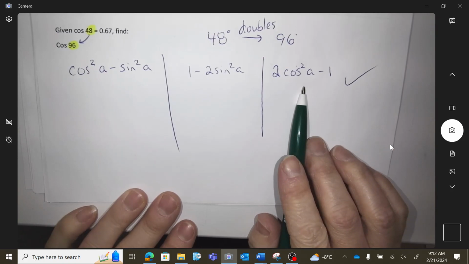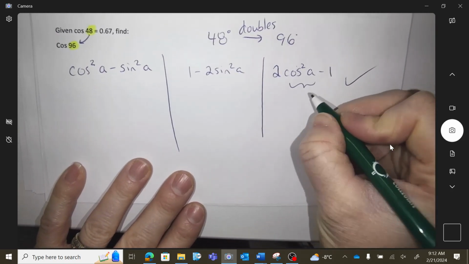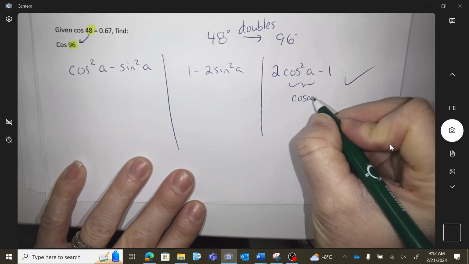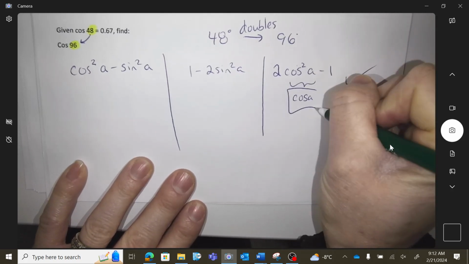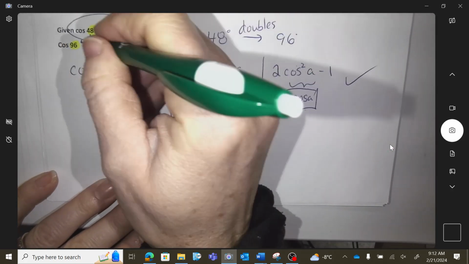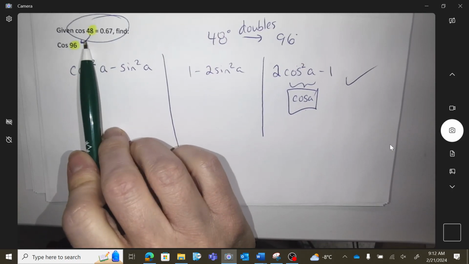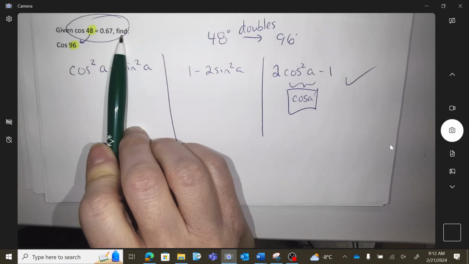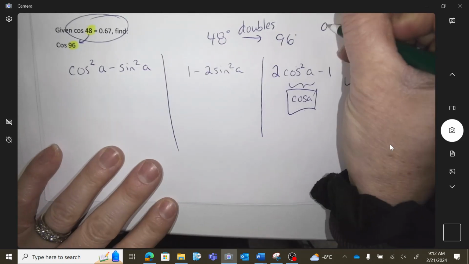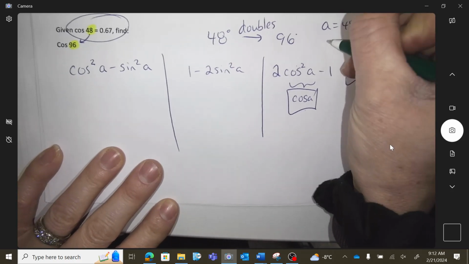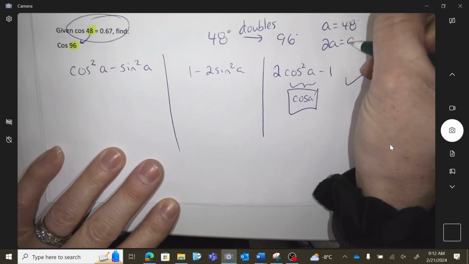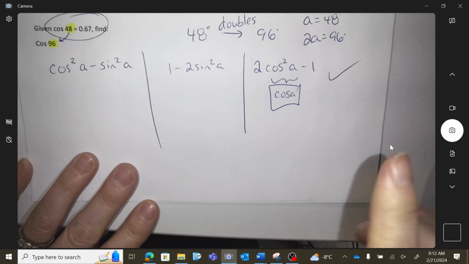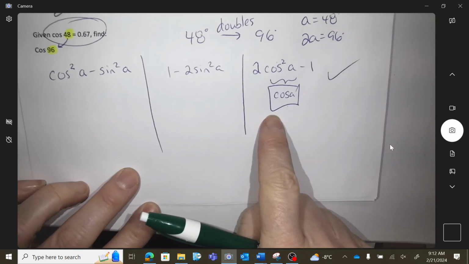So why do I have to use the third one? Because I know the cos of A value. This is what the cos of A is. Because angle A is 48, doubled A is 96, right? A equals 48, the doubled angle is the 96. So that's why I have to pick this one.